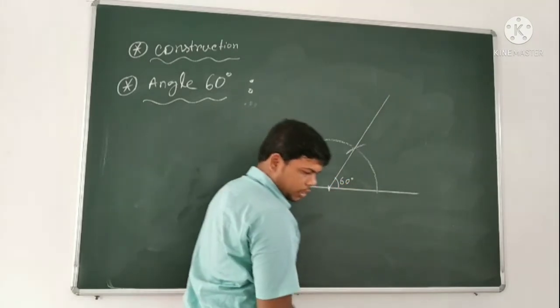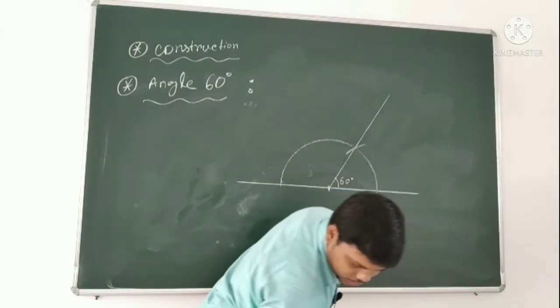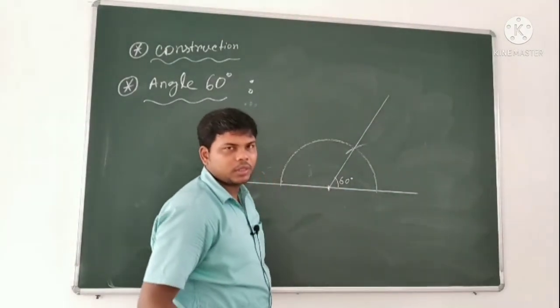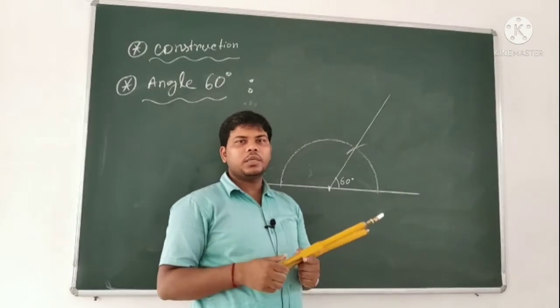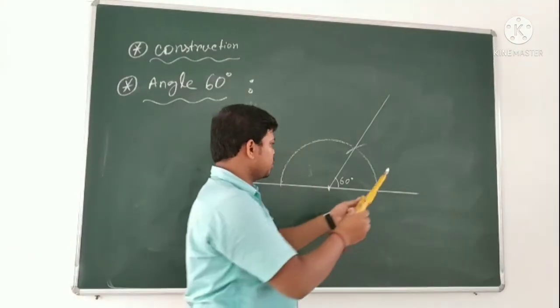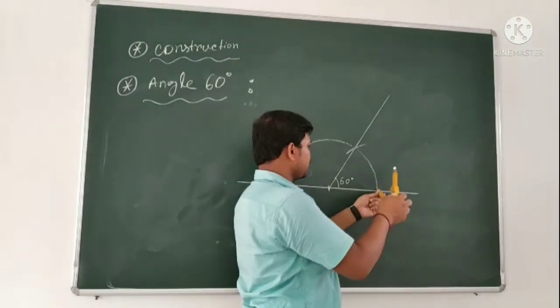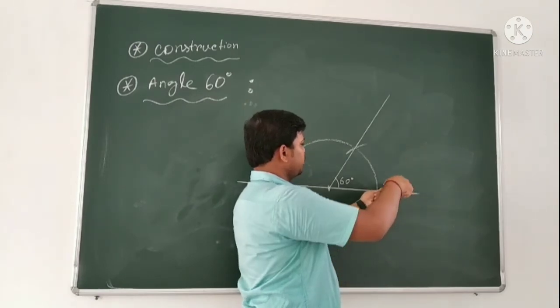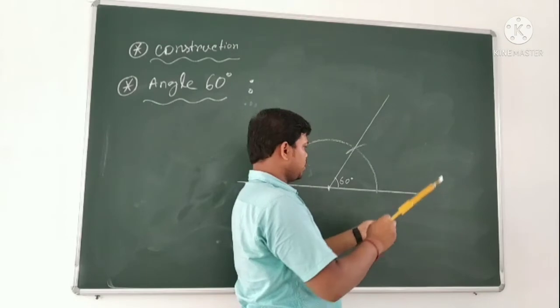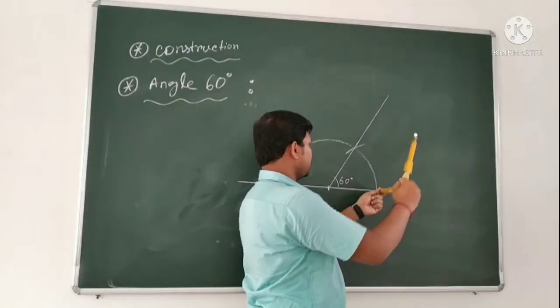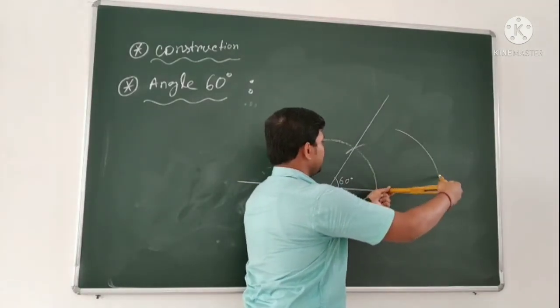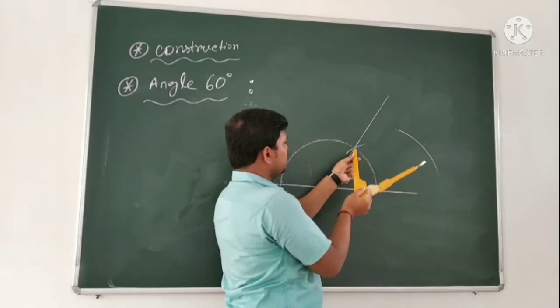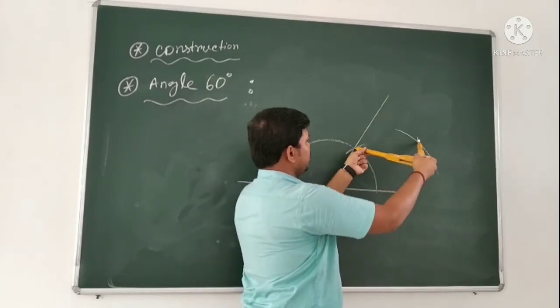If I bisect, because 60-degree divided by 2 is 30-degree, so if I bisect this angle in this way, then put your compass here and cut it.